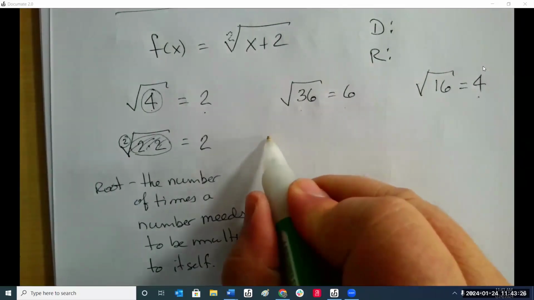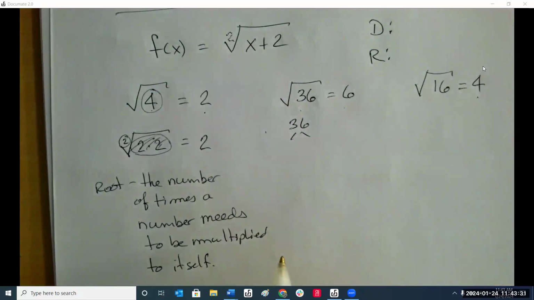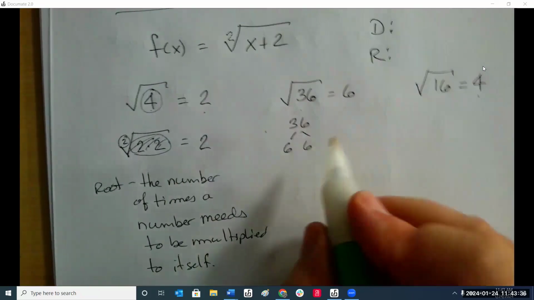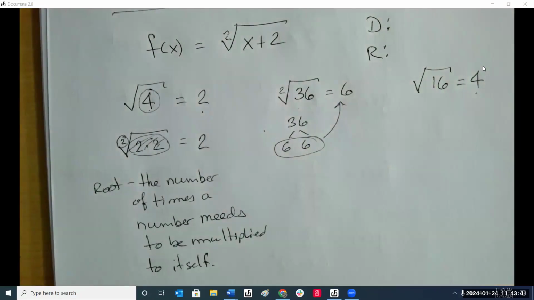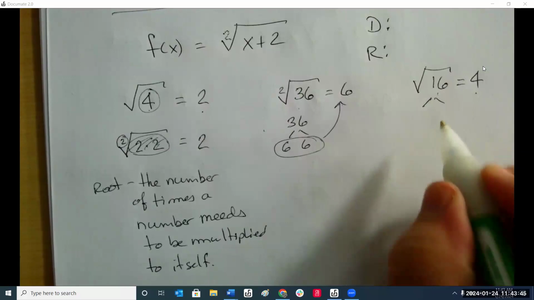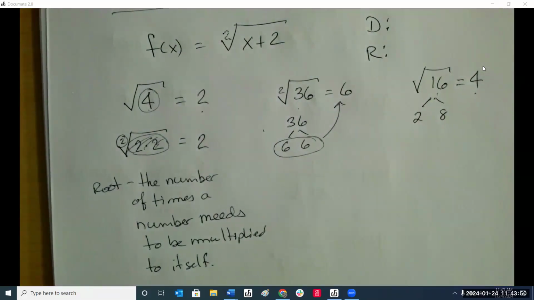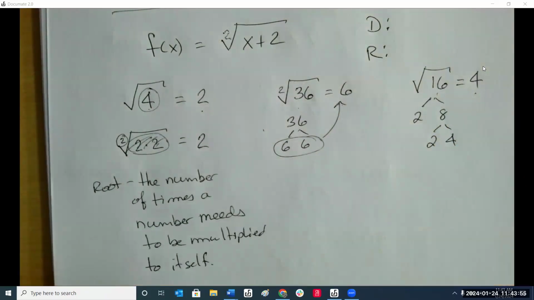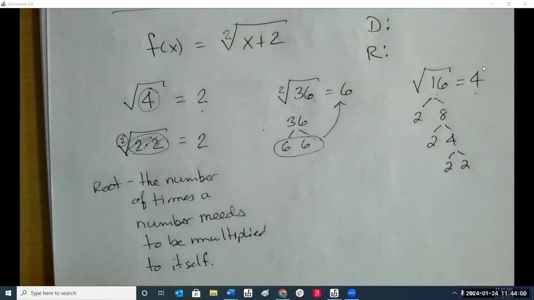Same thing with 36. Let's break down 36. What do we get? 6 times 6. Since we have 2 of a kind, there we have it. Same thing with 16. With 16, you could have gone 2 times 8, right? 8 is made up of what? 2 times 4. 4 is made up of 2 times 2.